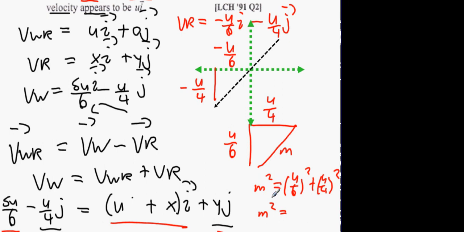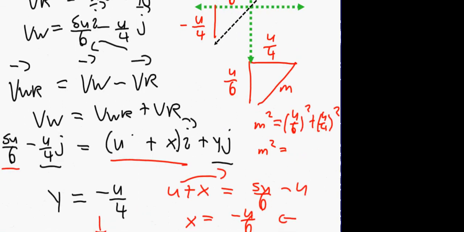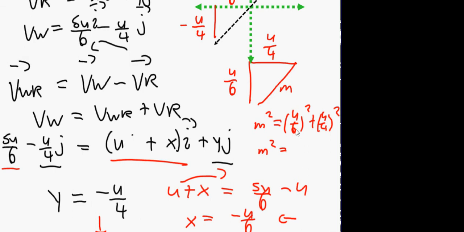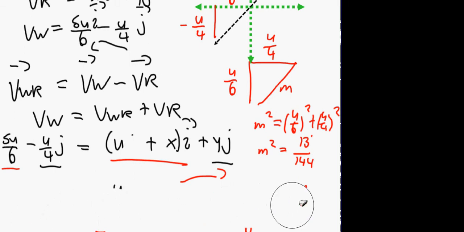Anybody know? 3.25 over 36. Okay, so this is 13 over 144. Square root it, and you should get root 13 over 12, is it? Yep. So this here is going to be root 13 over 12.